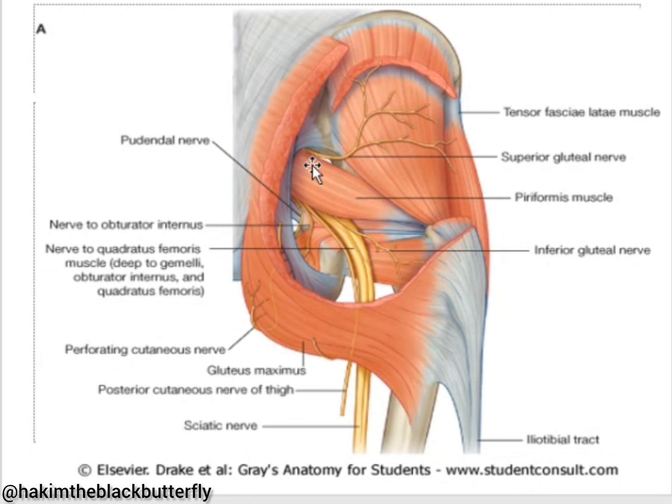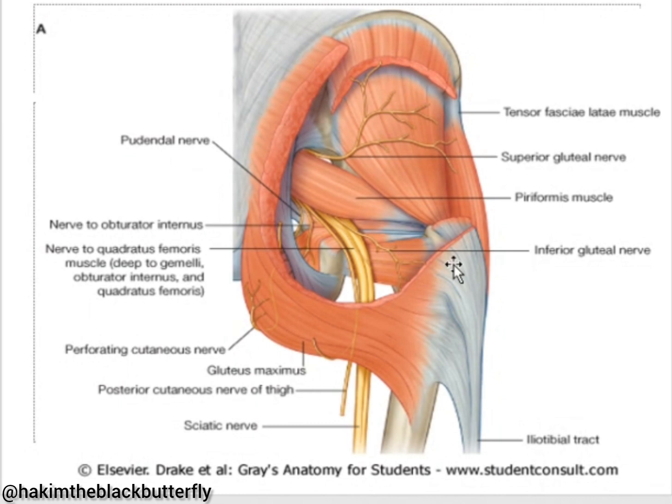Now, the buttock region or the gluteal region is divided into 4 quadrants. We have the upper medial quadrant and the upper lateral quadrant. We have the lower medial quadrant and the lower lateral quadrant.